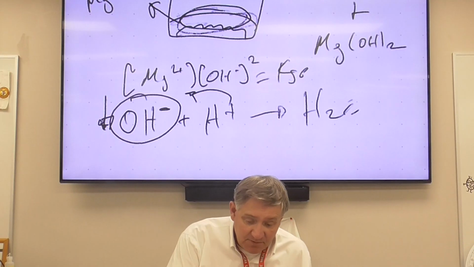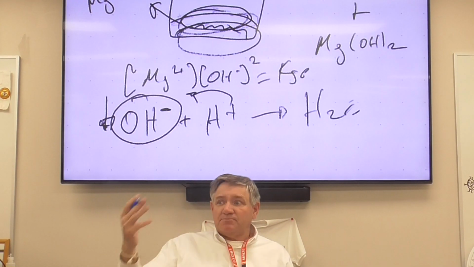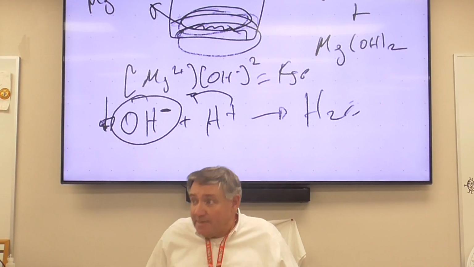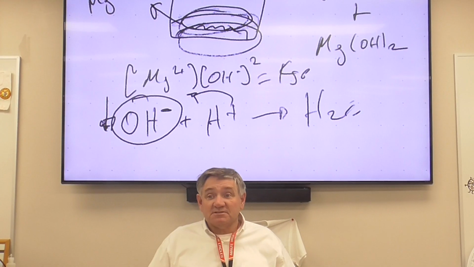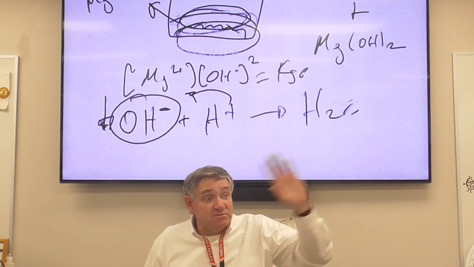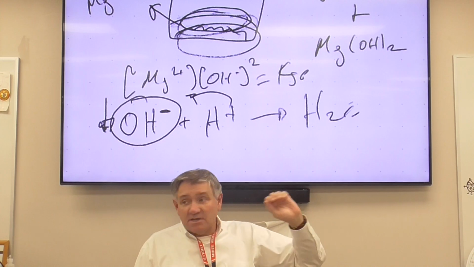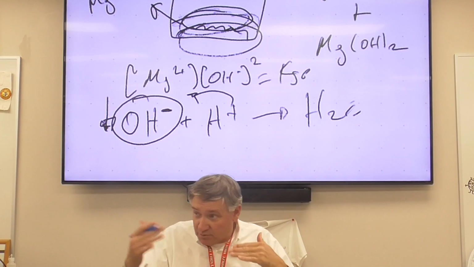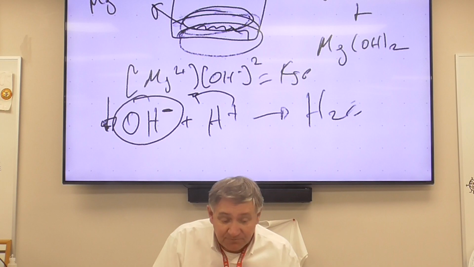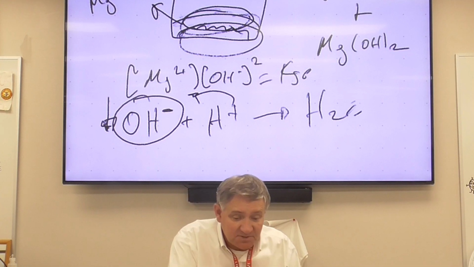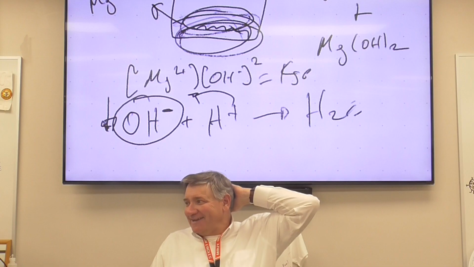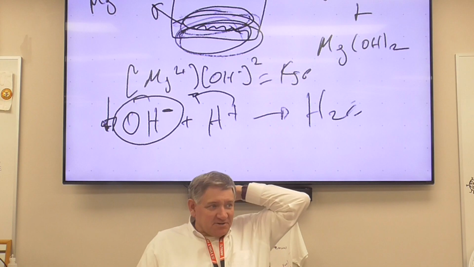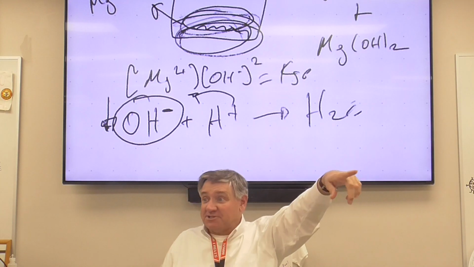So basically Mother Nature views the precipitate as a bank. It's just like, ooh, I'm losing money. I'm losing hydroxide ions. But I've got to maintain a working cash flow, if you make the analogy of a business. So Mother Nature goes to the bank and says, hey, I need some more hydroxide ions. And they go, we got you.